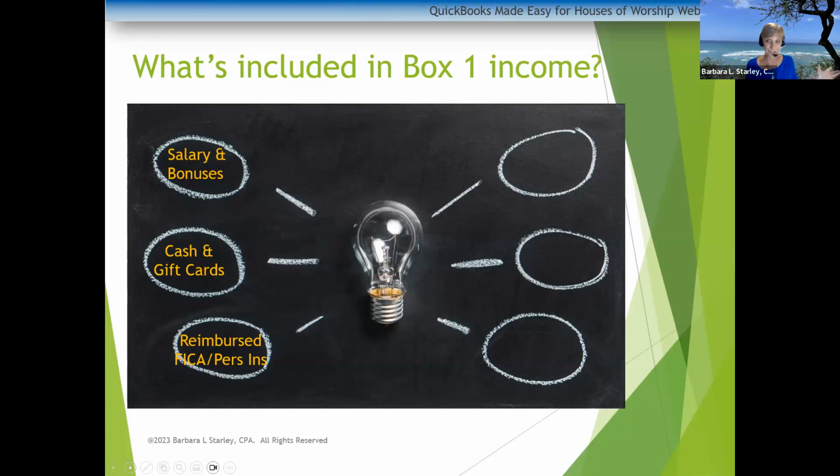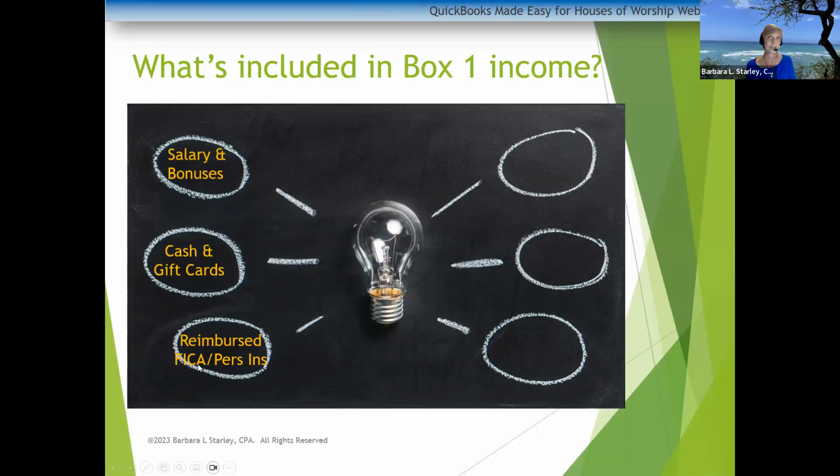That's a beautiful thing to do, but that becomes taxable to him because it's not a reimbursement in the sense that it's a business or church expense. It's his personal expense. So you're paying a personal expense, and it automatically becomes taxable. Just realize that increases his taxable income if you do that.